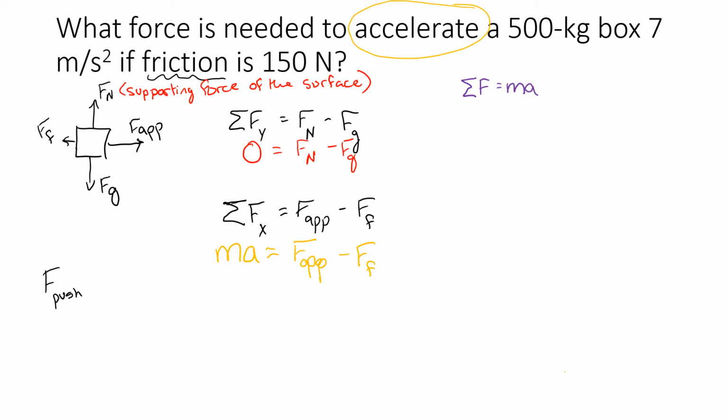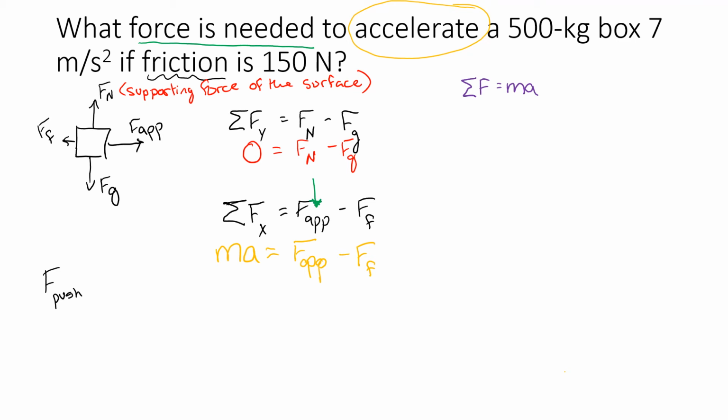All right, so we've gone through our first 3 steps, and now we need to take a step back and actually ask ourselves, what are we trying to find? In this question, we are trying to find the force needed to accelerate. That's a little bit ambiguous, but what it's asking us to find is this applied force.